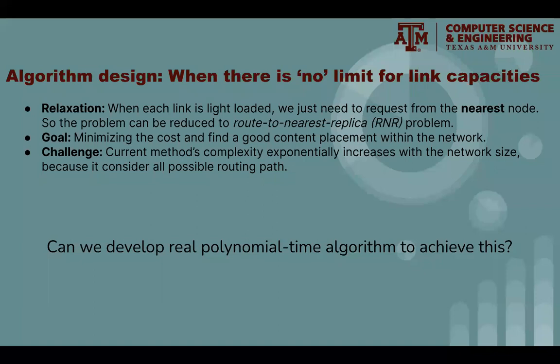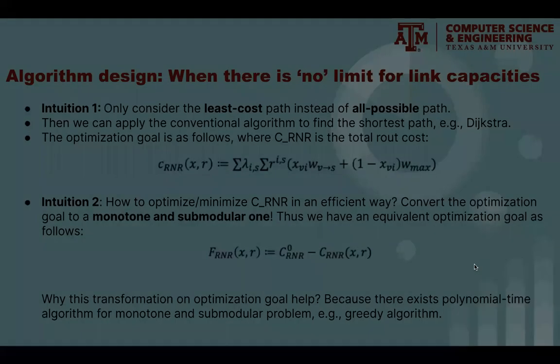Our goal is to minimize the cost and find a good and satisfying content placement within the network. But the challenge is that the current methods designed for these tasks have complexity that increases exponentially with the network size, because they consider all possible routing paths within this network. So can we develop a real polynomial time algorithm to achieve this? Next.